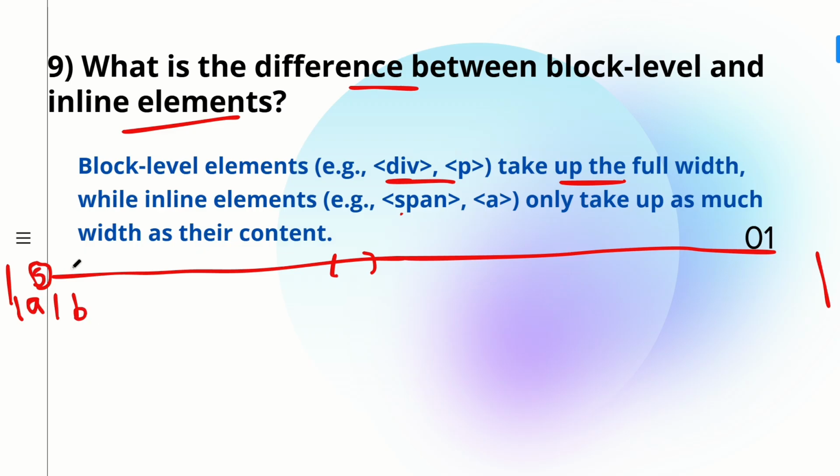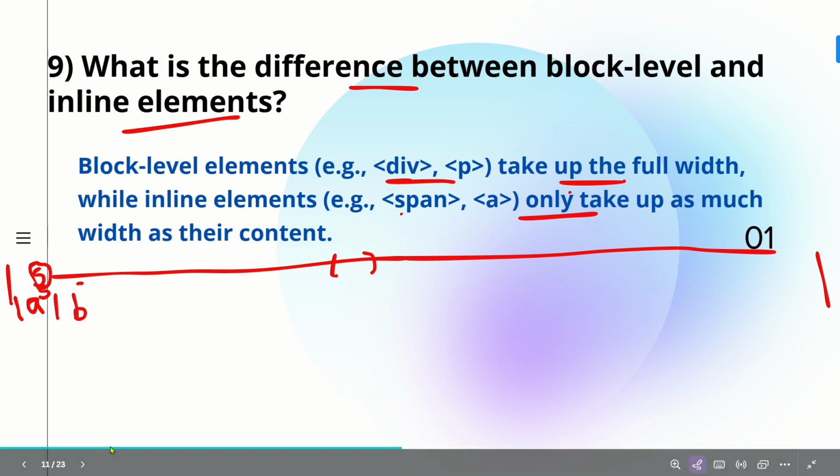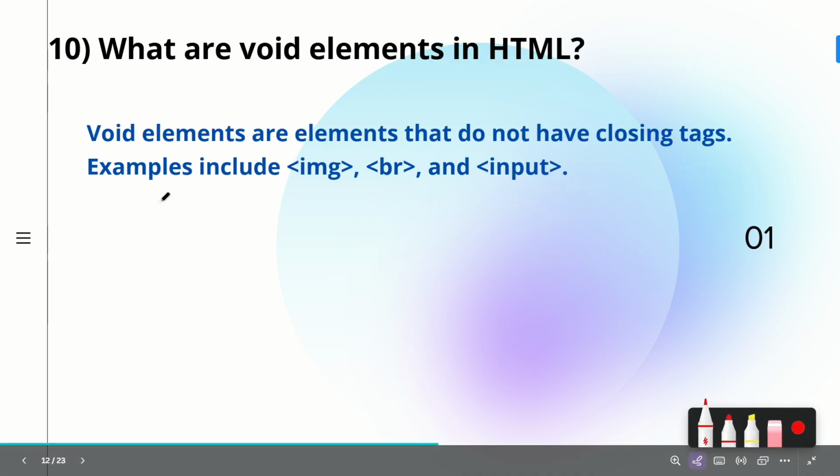But with block level, if you write s and then one more s, the whole horizontal width will be taken, and the next s you write below. This is how block level and inline elements work. So block level elements take up the full width, whereas inline elements take only as much width as their content. Let's go to the 10th question.